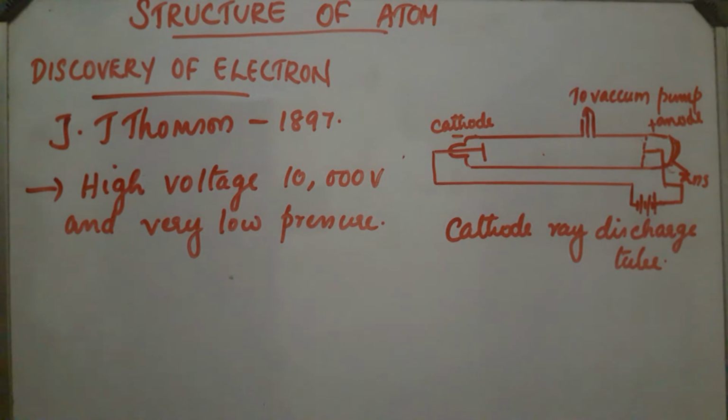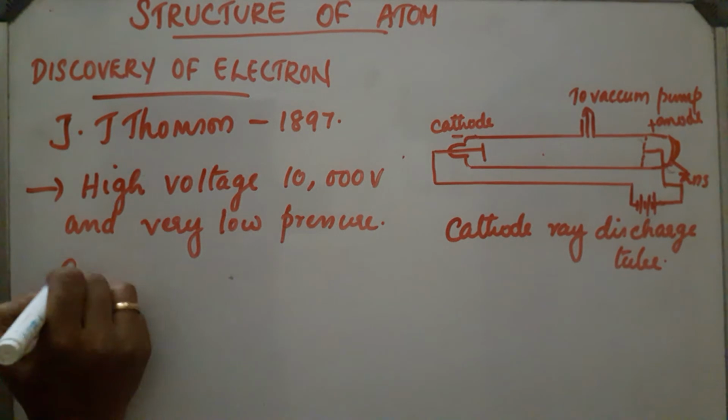When these particles move through the holes and hit the screen, bright spots are produced. So from the bright spots we can observe that certain rays are emerging from the cathode, moving through the holes and forming bright spots on the plate, and these rays are called cathode rays.